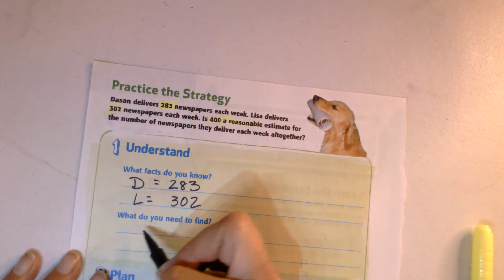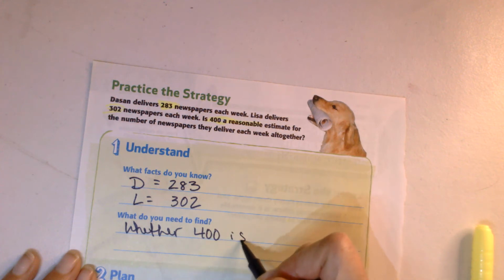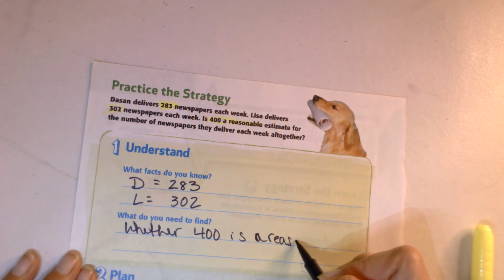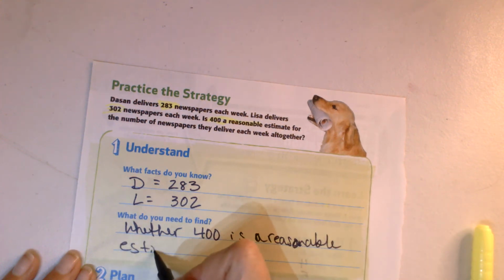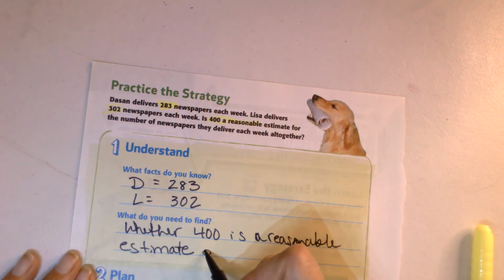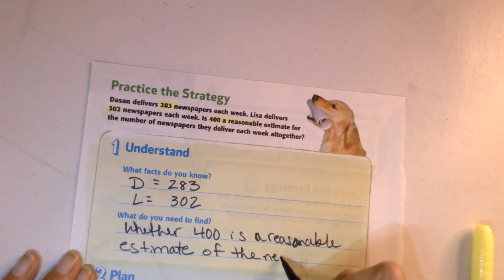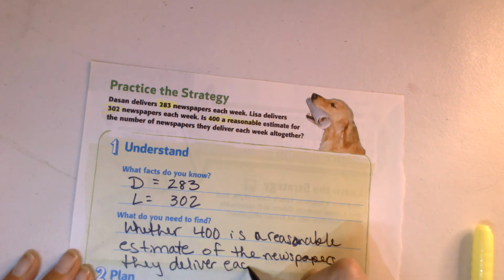We need to find out whether 400 is a reasonable estimate of the number of newspapers they deliver each week, all together. So we're adding those.